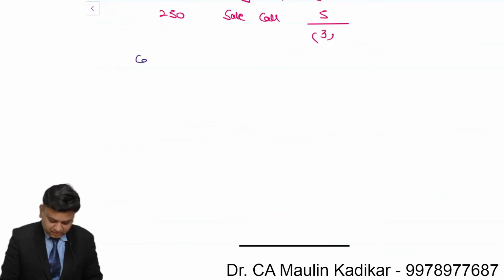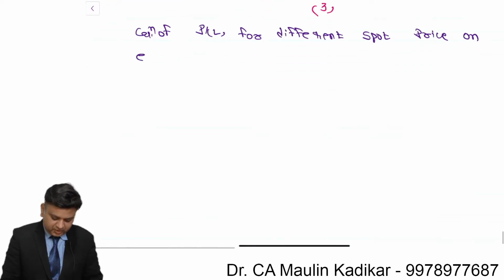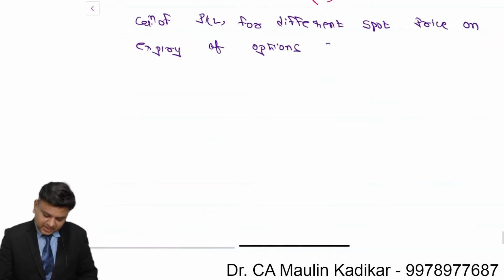The heading is now calculation of the profit or loss for different spot price on expiry of option and break even price.